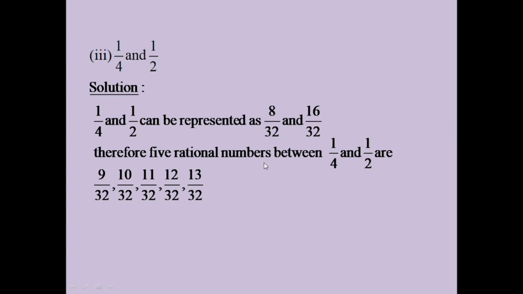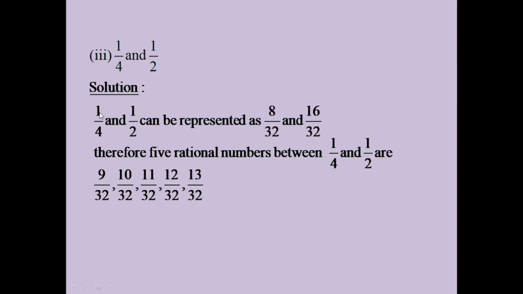Here you may also have a doubt why I have been multiplying these rational numbers with only particular numbers, because when we multiply 1 by 4 into 2 by 2 we get 2 by 8, right? For getting 8 as denominator in this 1 by 2, we multiply 1 by 2 into 4 by 4, which is 4 by 8.